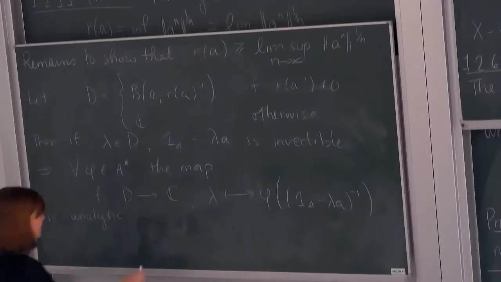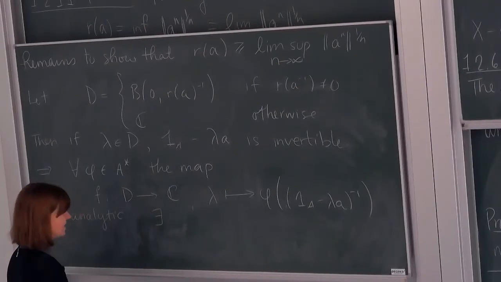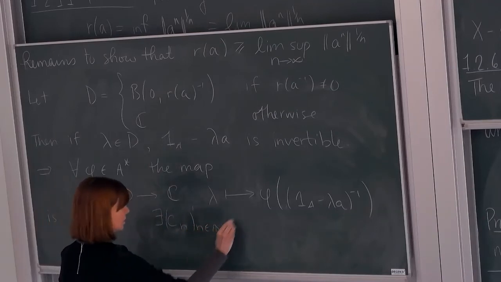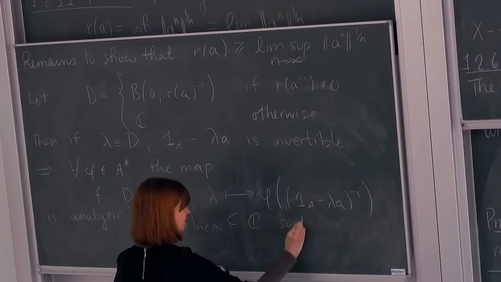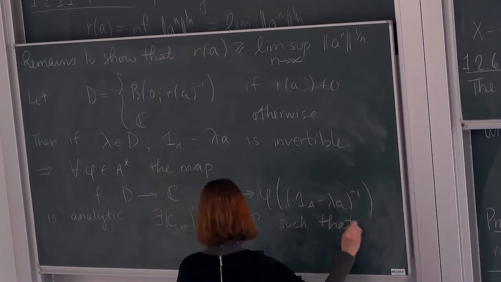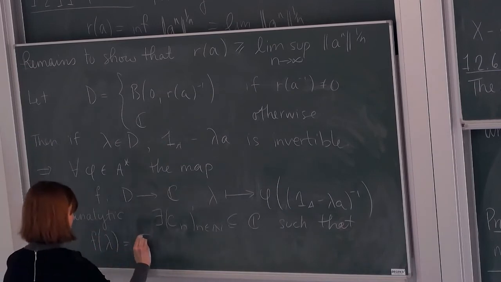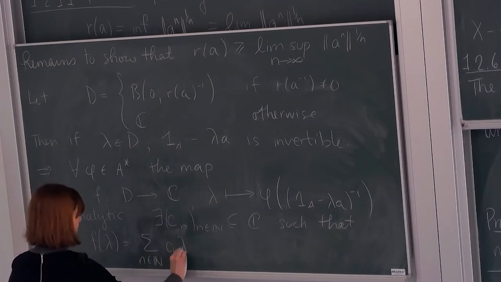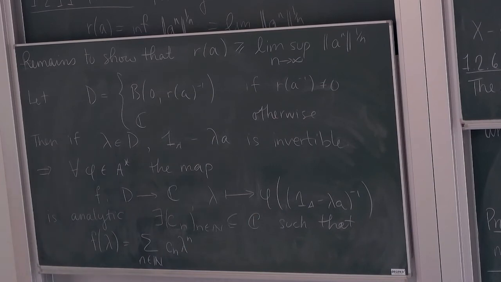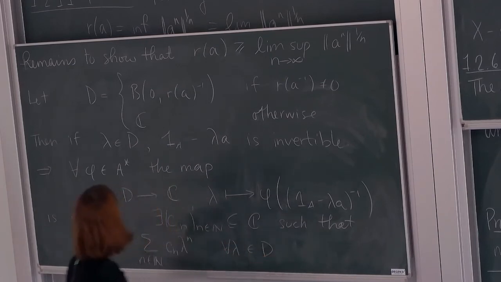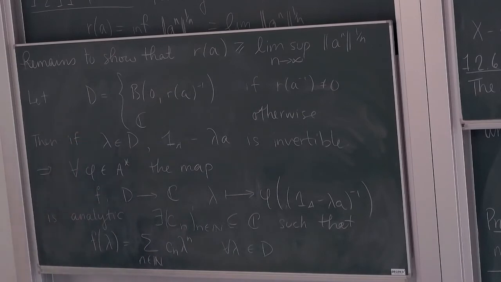Okay, so this means that we can find complex numbers c_n such that f(lambda) equals the sum of c_n lambda^n for every lambda in D here.